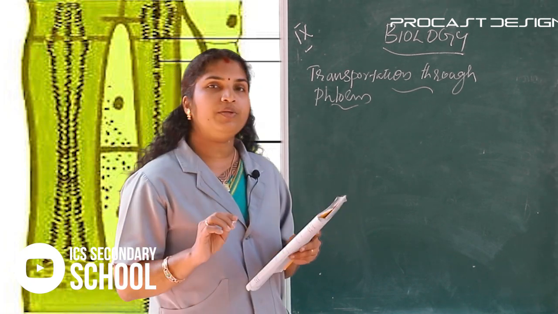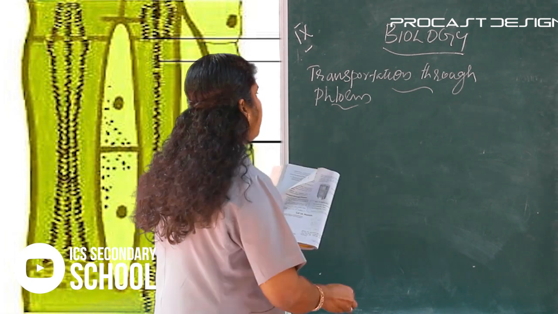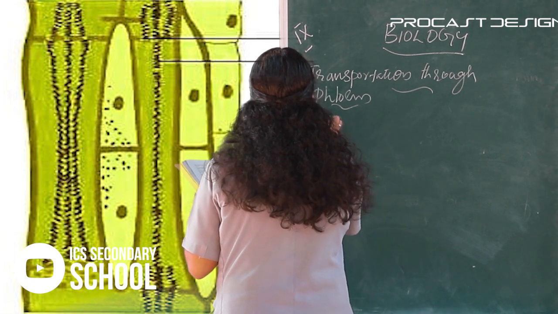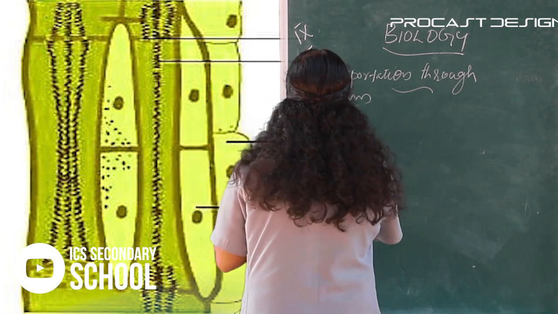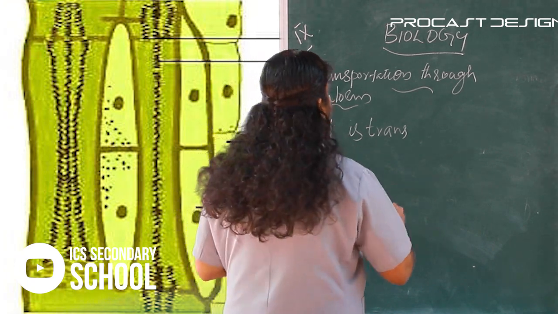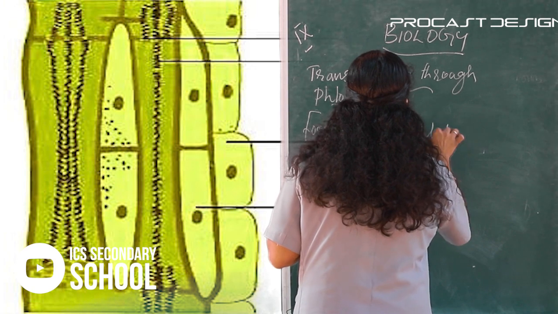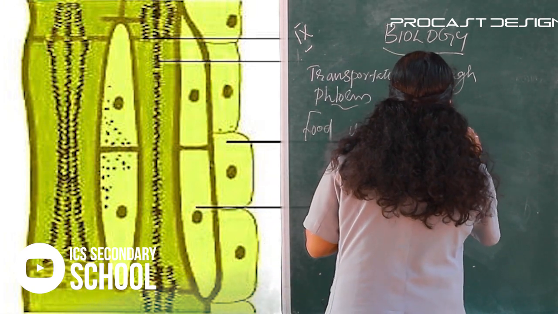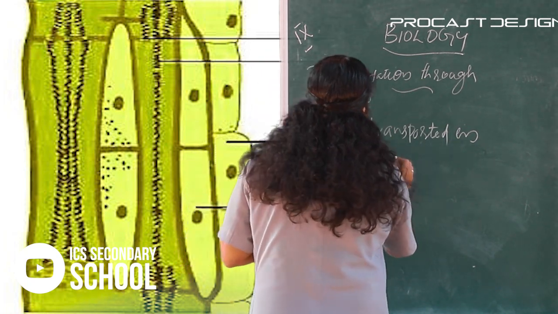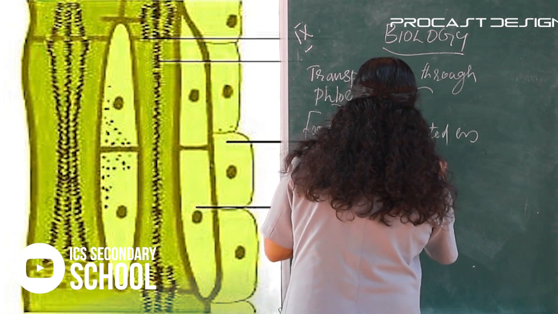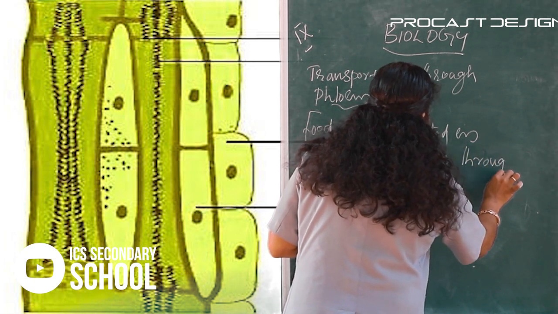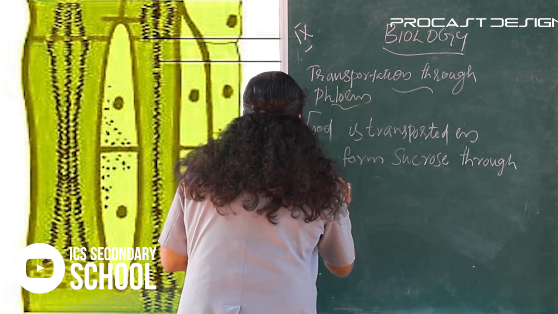Okay, this is the transport through the phloem. First point, food is transported in the form of sucrose through the sieve tubes.